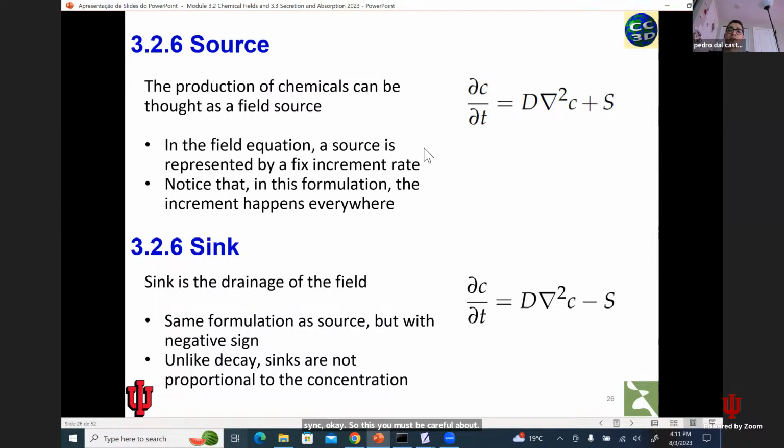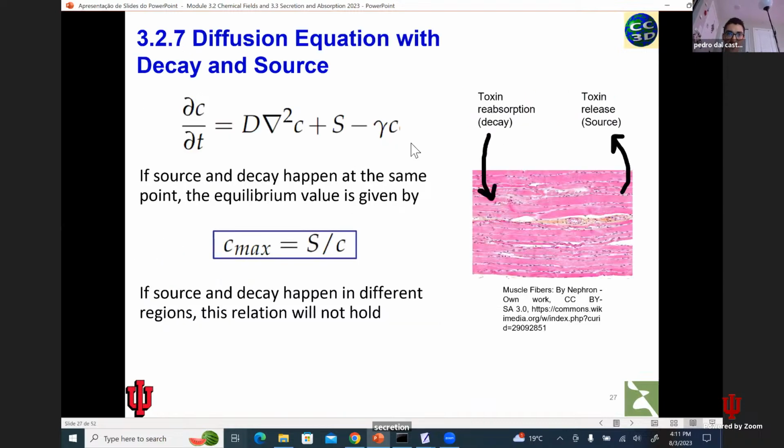But as a source, you can use it to model, for example, secretion. If you put both a source and a decay together in the same system, let me give you an example. The muscle produces a toxin and absorbs the same toxin. It releases the toxin at a constant rate, and it reabsorbs the same toxin with a decay constant, which means proportional to the concentration of this field.